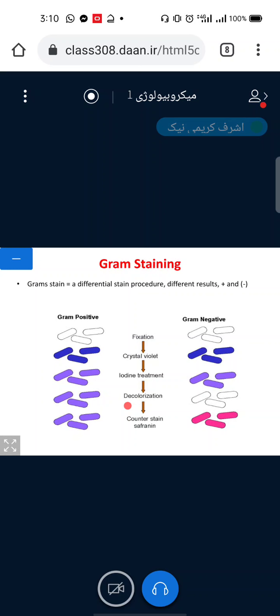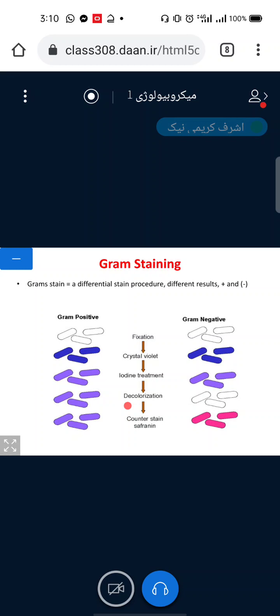For decolorization, you can use alcohol, ethanol, or acetone.